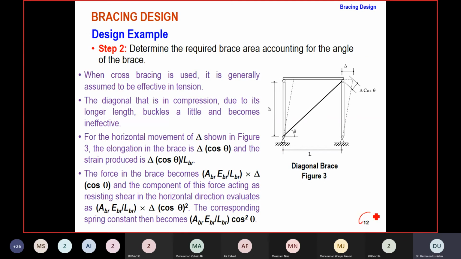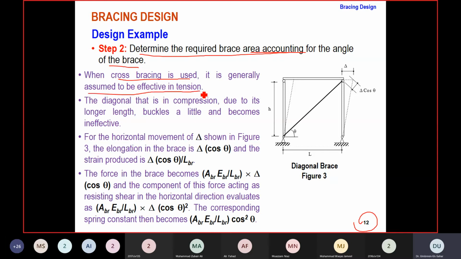So slide number 12 is regarding that particular transformation of your deflections and your loads. The step is the same. You have to determine the required brace area accounting for the angle of the brace. Now, when cross bracing is used diagonally, it is generally assumed to be effective in tension. That is very obvious.